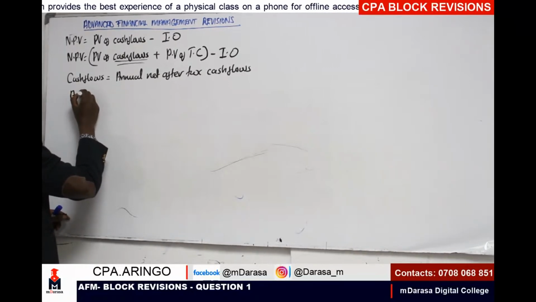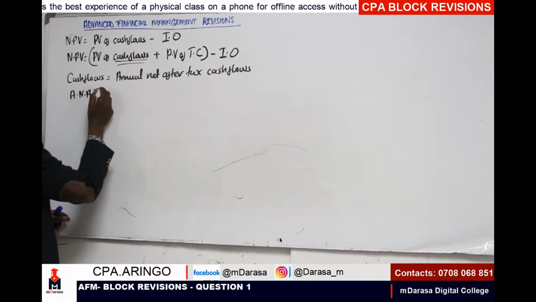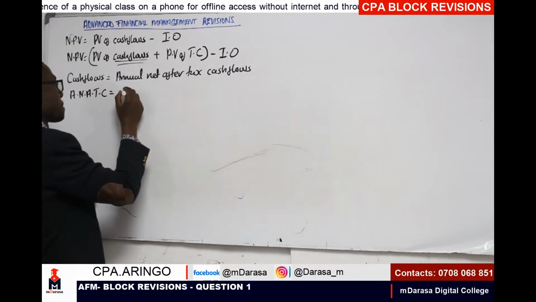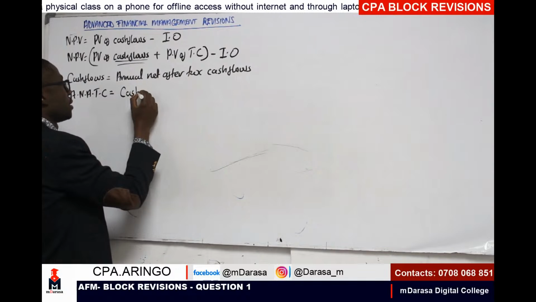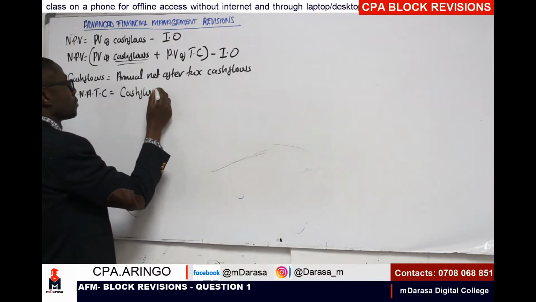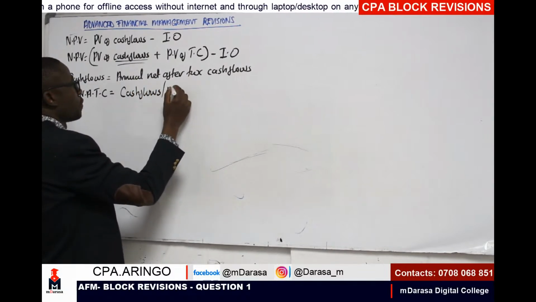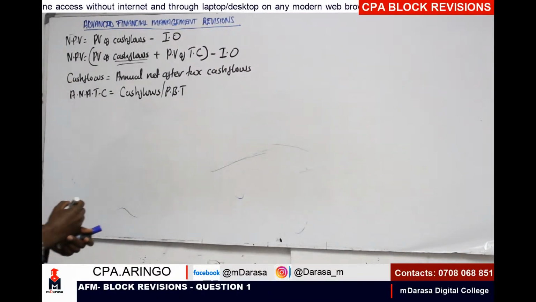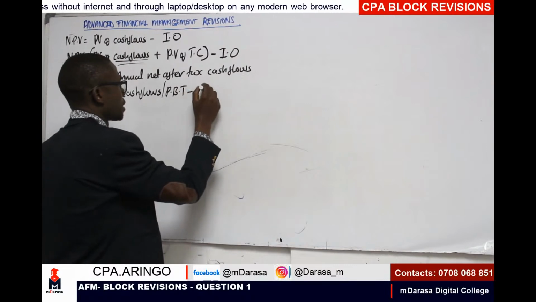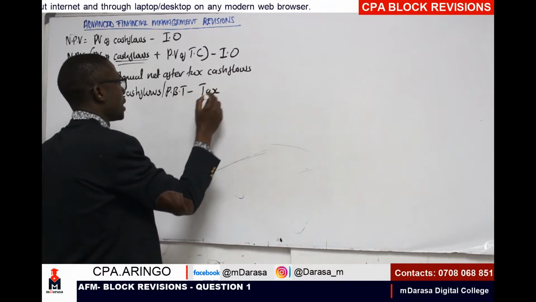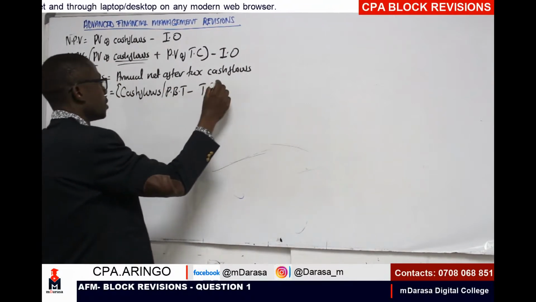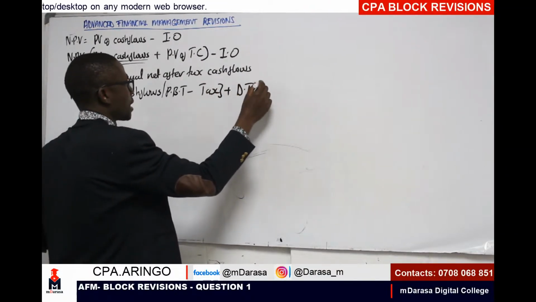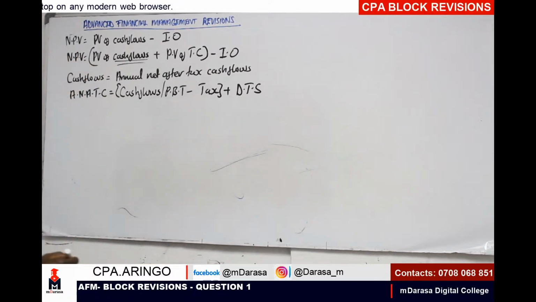We take our profit before tax, less our tax, and add our depreciation tax shield, DTS.